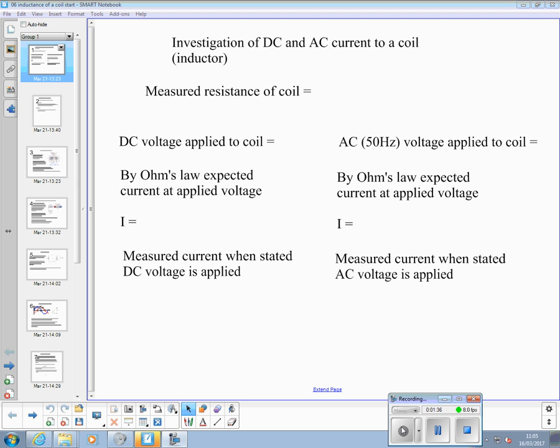Then what we're going to do is actually apply those voltages and take readings, see what the differences are, and then, like I said, the rest of the lesson is around explaining why there's a difference. Okay? So I'm going to pause the video now. We'll do the experiment, record the results, and then talk about it afterwards.